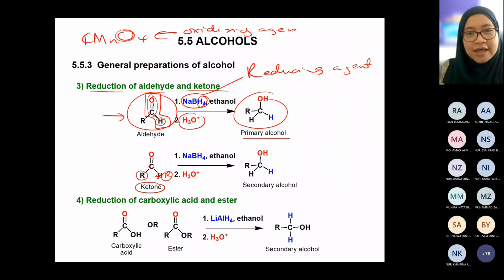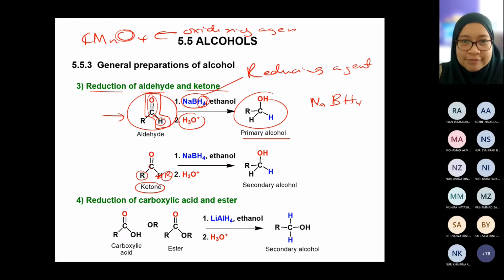Sodium borohydride. My students memorize it as NaBH4: Na sodium, B boron, H4. Then H3O+. So it will produce primary alcohol.